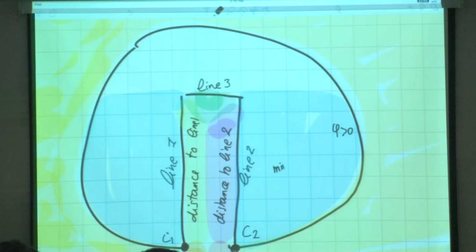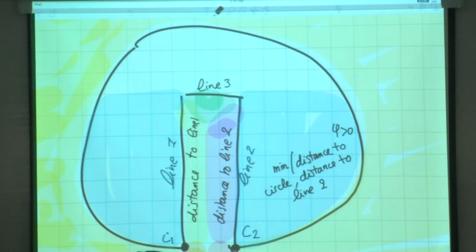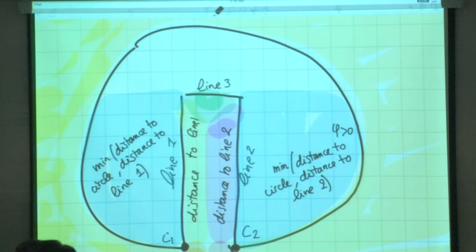So this would be the minimum of distance to circle, comma, distance to line 2, and here the minimum of distance to circle, comma, distance to line 1.